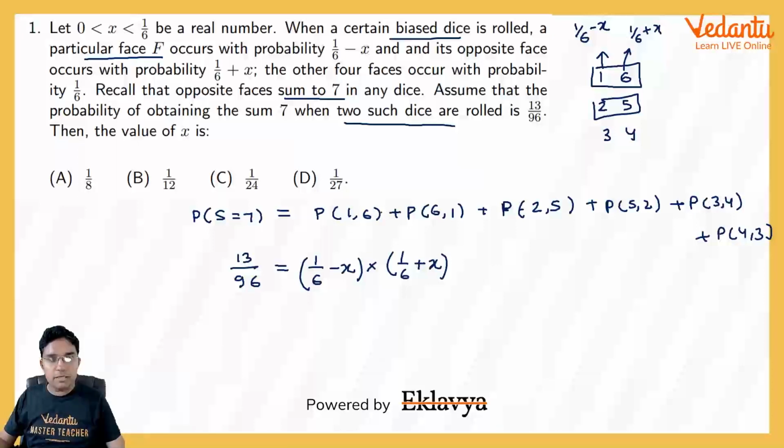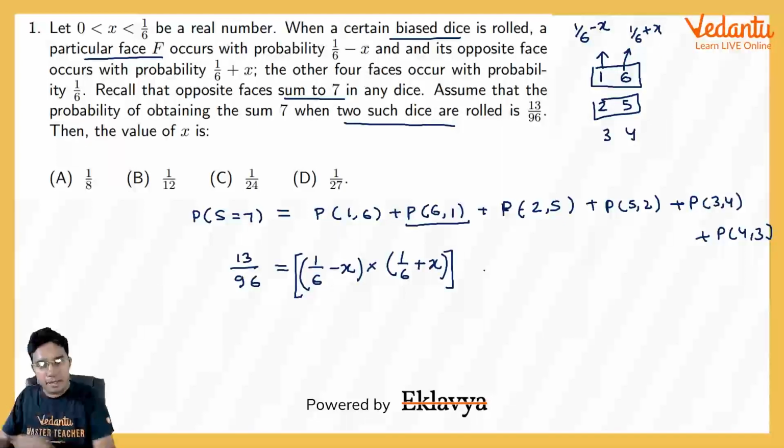Also these events are independent, so we can directly multiply them. Now the probability of getting 6 on the first dice and 1 on the second dice will just be a repetition of this. The difference will be that 1 by 6 plus x will come first and 1 by 6 minus x will come later. So I will just multiply it by 2.